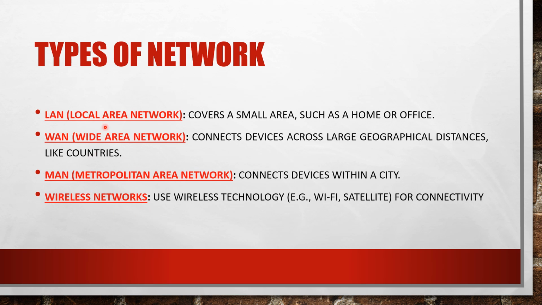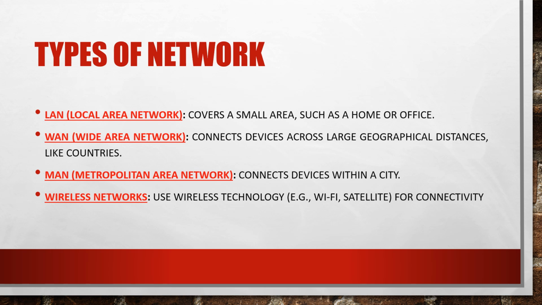LAN is the usually used networking type, which is for small areas. If it is covering a larger area, then it is termed as WAN. And if it is exclusively for cities, then it is a metropolitan area network.